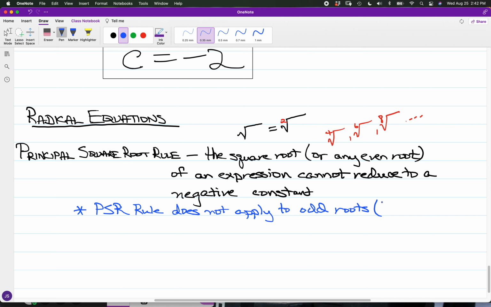Odd roots like the cubic root, fifth root, and so on. So the principal square root rule concerns directly just the even roots.